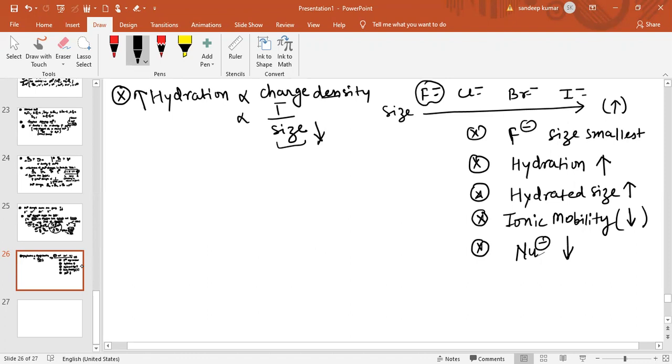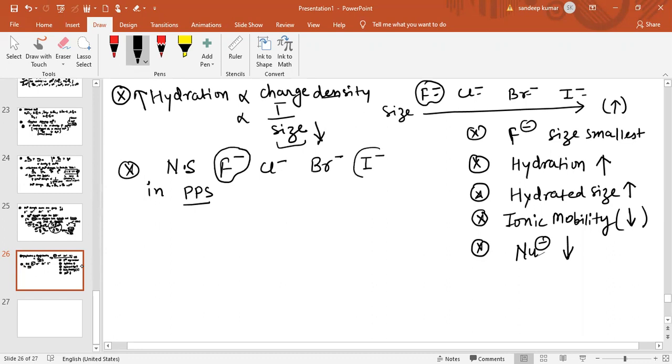If we compare the nucleophilic strength of F minus, Cl minus, Br minus and I minus in polar protic solvent, the nucleophilic strength of F minus is least, while that of I minus is highest.